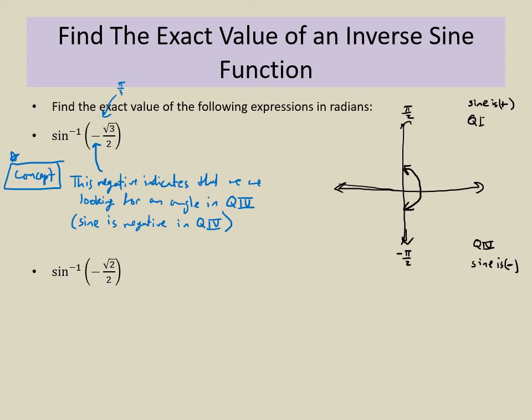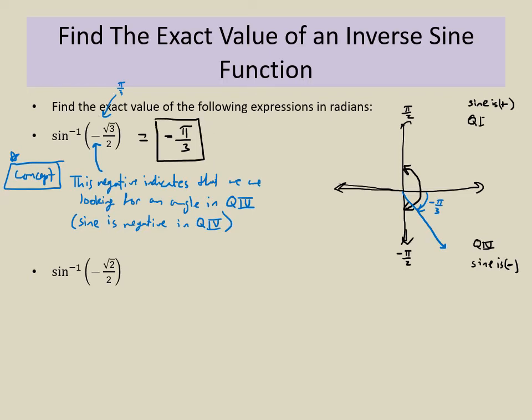So we are looking for pi over 3 in Q4, which would be this angle right here, negative pi over 3. Okay, negative pi over 3, that is the answer. That's the angle between negative pi over 2 and positive pi over 2 that has the sine negative square root 3 over 2. So the answer here is negative pi over 3.